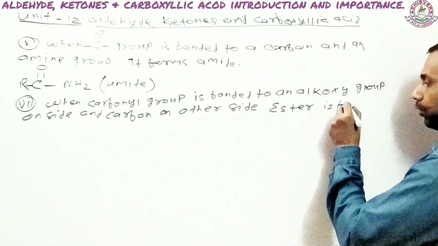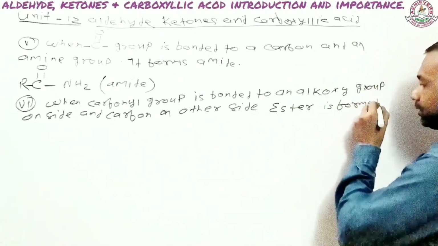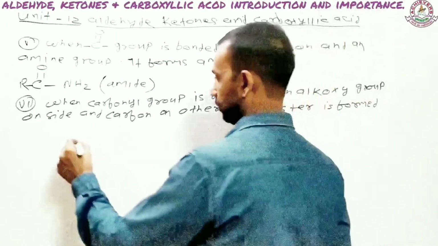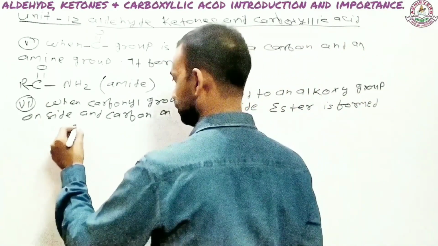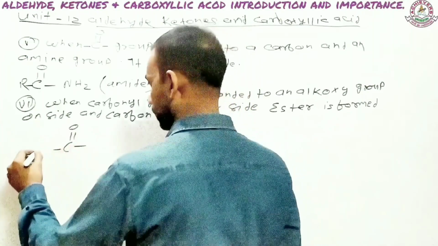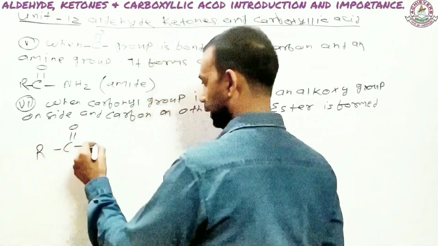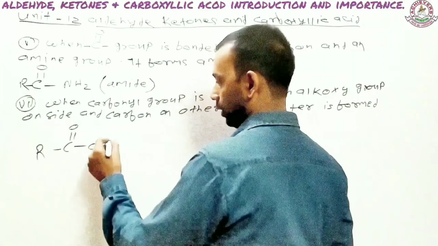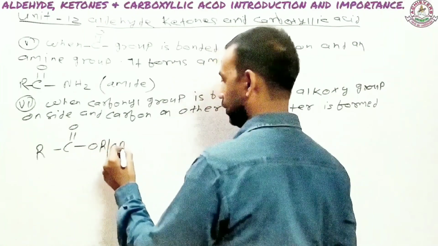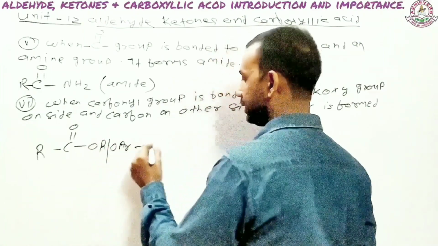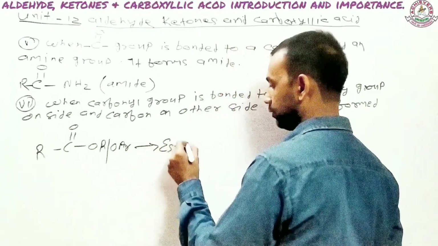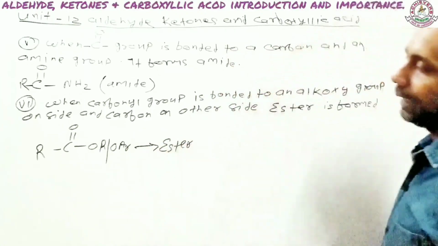Let's find out the structure. This is your carbonyl group. Now you have an alkyl group here, but there you have an alkoxy group, or this can also be an aryloxy group. So this compound is called ester.